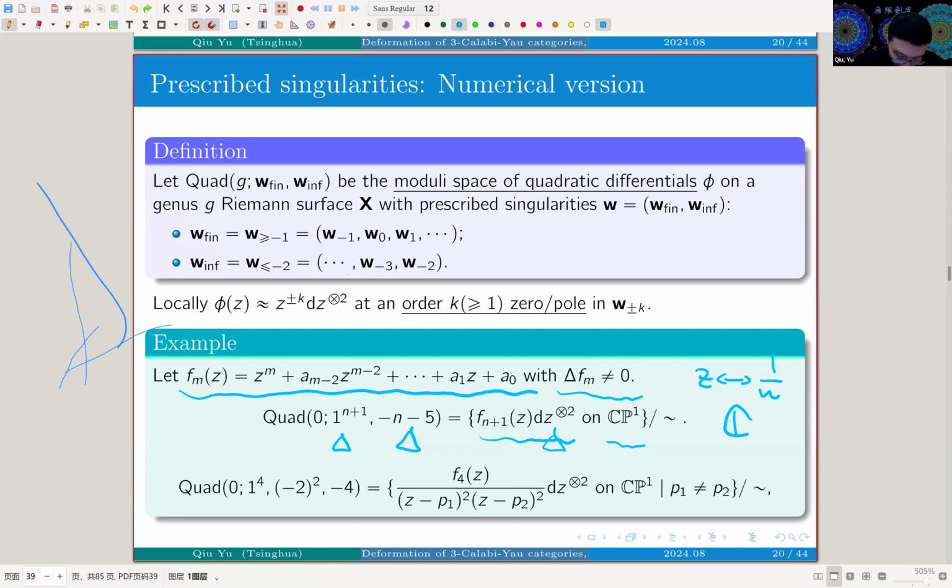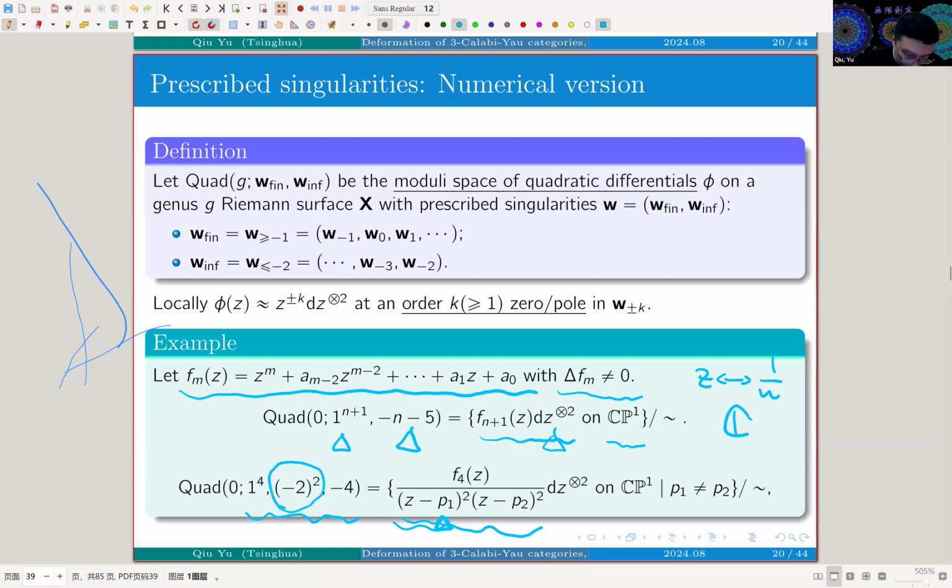So another case is that if you take a fraction of polynomials, this also defines a quadratic differential on CP1. And you just need to see the order of the zero and the pole at different places. So for example, at point P1, it has a pole of order 2.